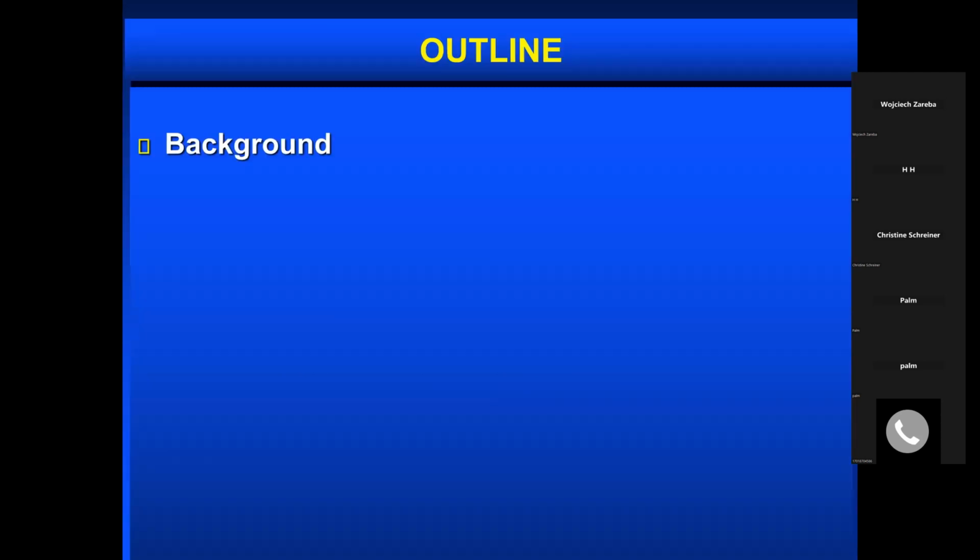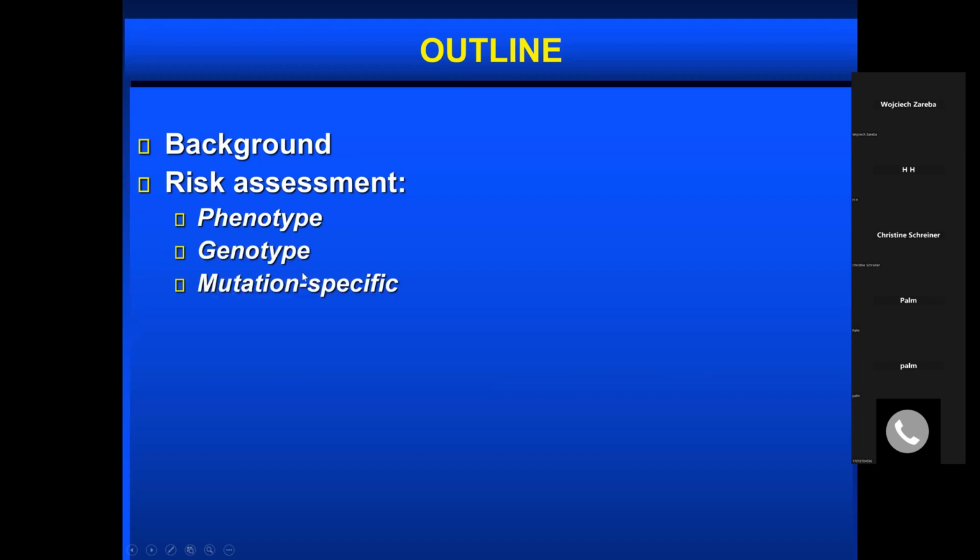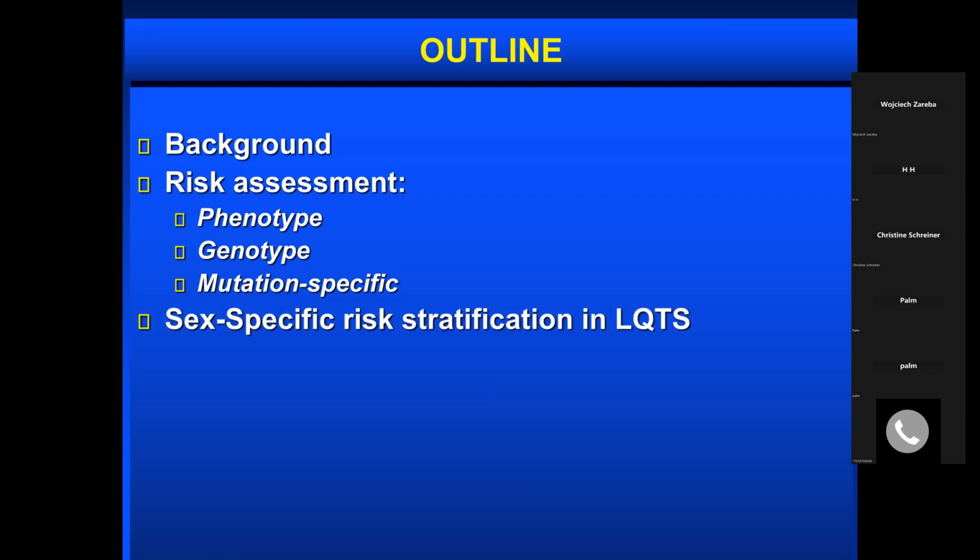So we'll start with providing some background for all of you. I guess some of you know about the background of long-QT syndrome, how we assess risk by looking at clinical markers, the genetics, possibly within the genotype, there are certain mutations that convey a higher risk. They are more predisposed to arrhythmias.